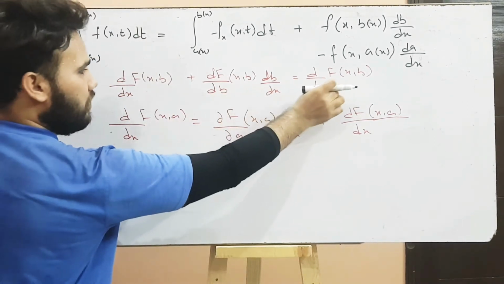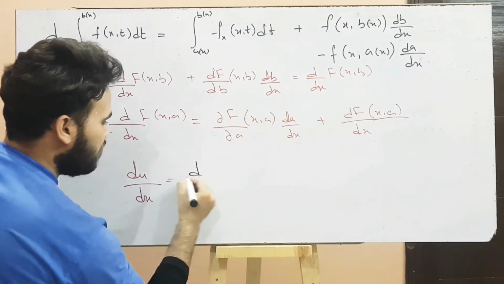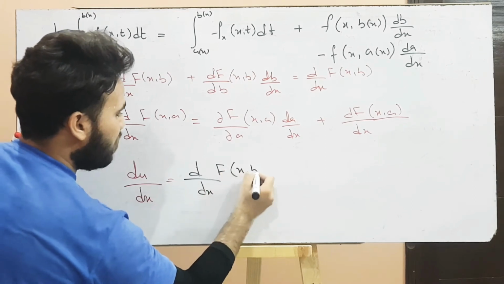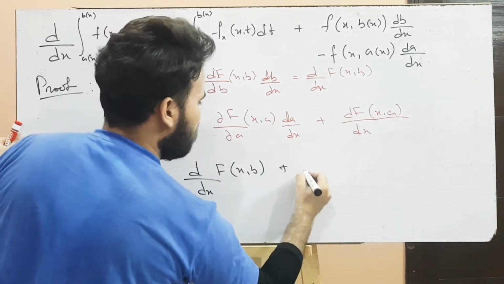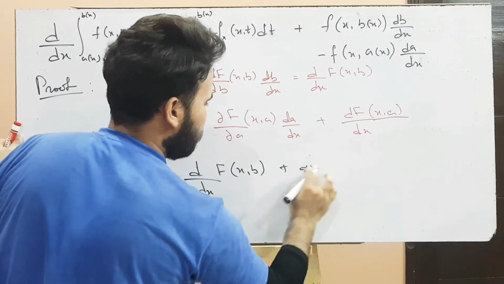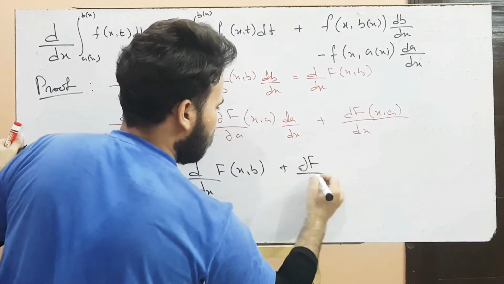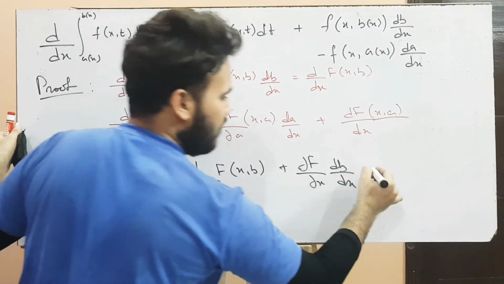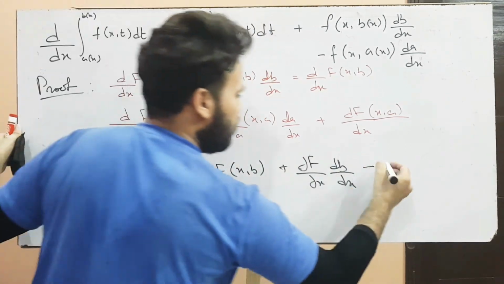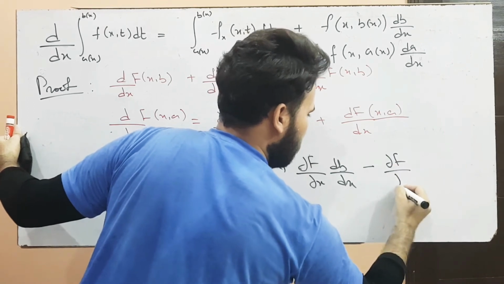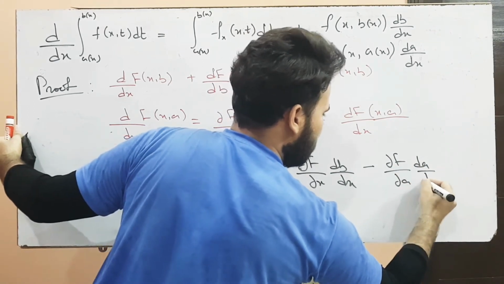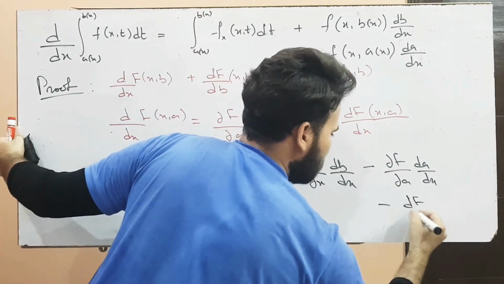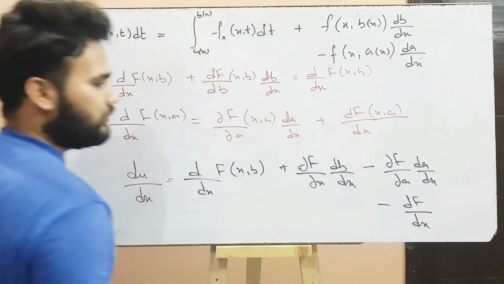first of all this result, ∂F/∂x at (x, b) plus ∂F/∂b times db/dx, minus ∂F/∂a times da/dx, minus ∂F/∂x at (x, a).